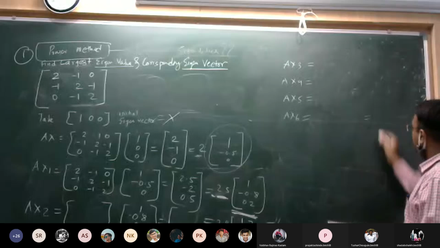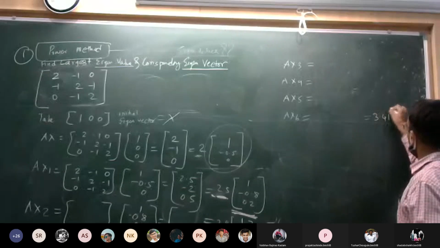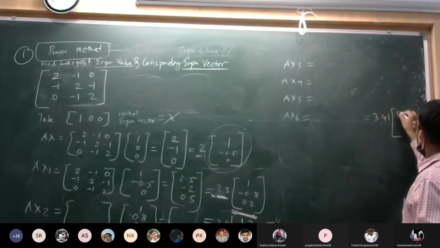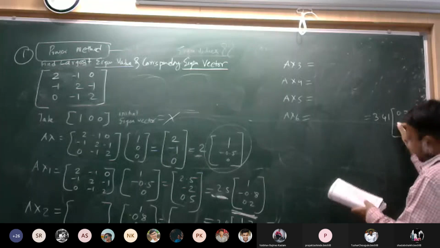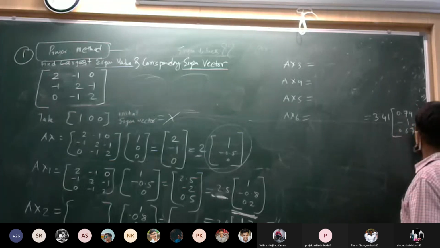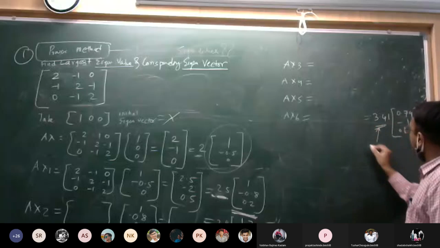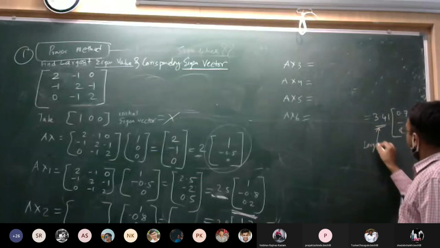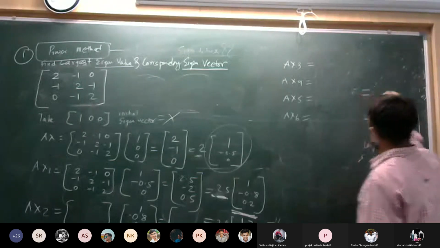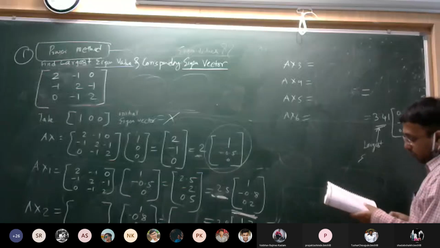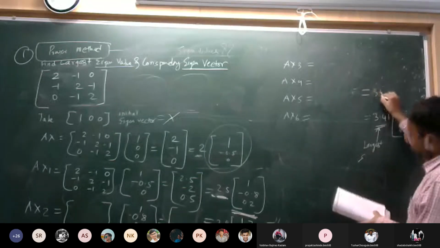And I would like to put the final answer: 3.41 and 0.74, -1, 0.67. I don't have a calculator. If you have a calculator, this would be the largest eigenvalue and eigenvector. Why have I stopped here? Because the earlier value is the same, 3.41.